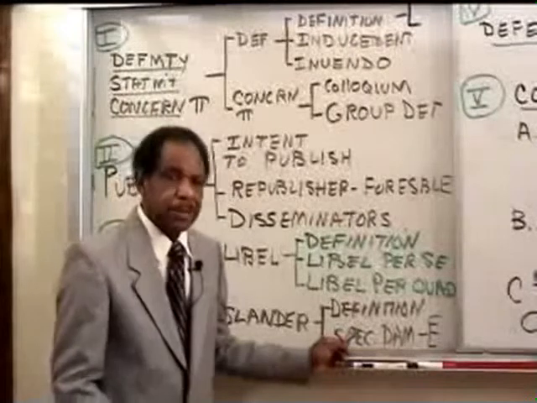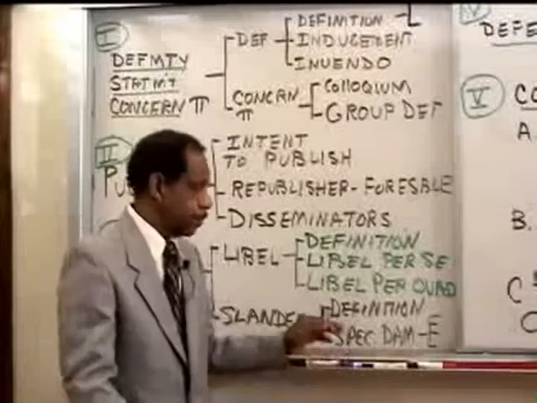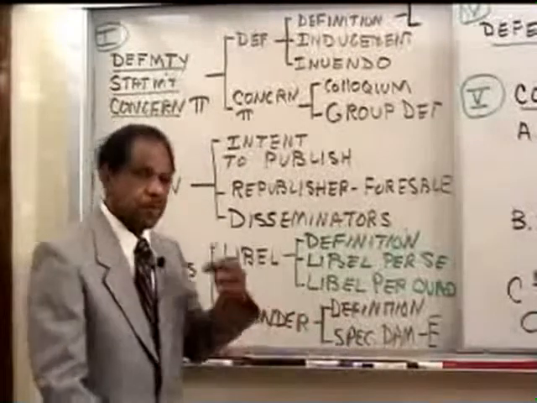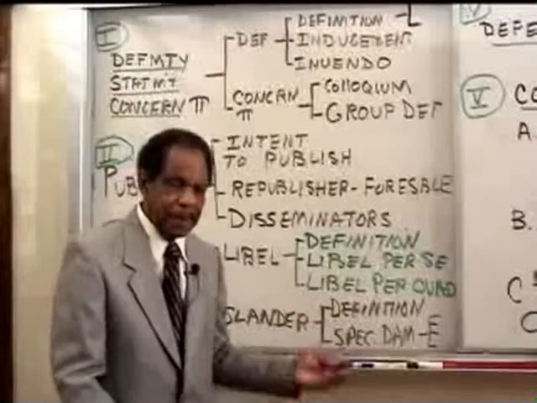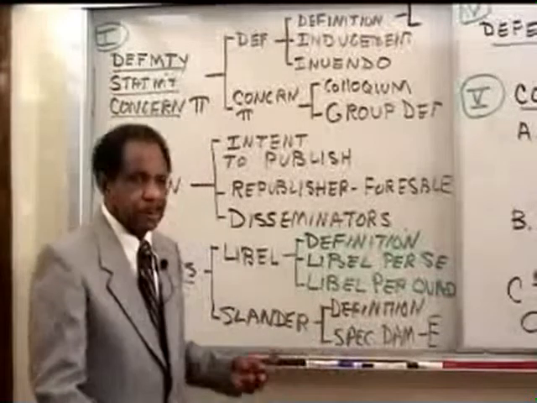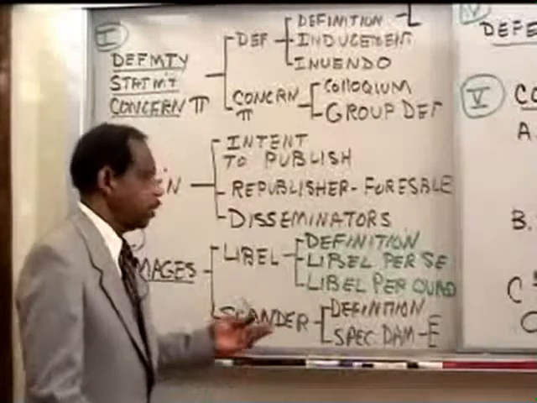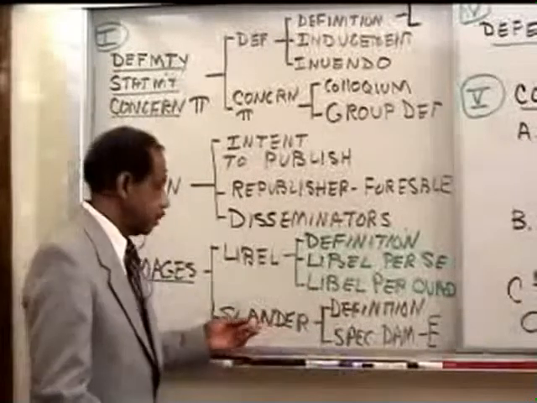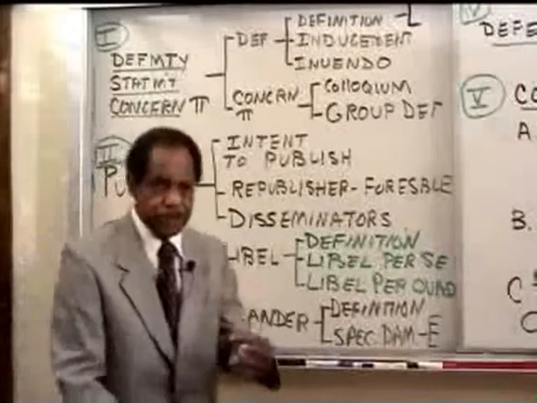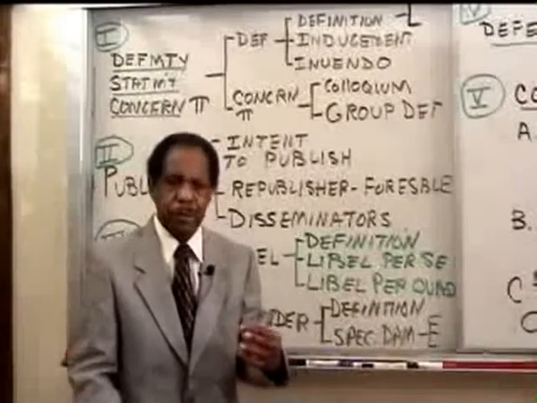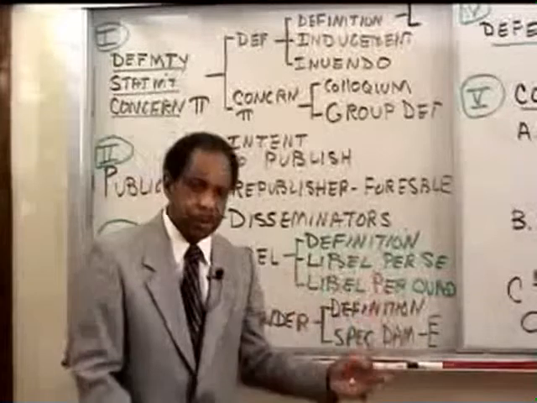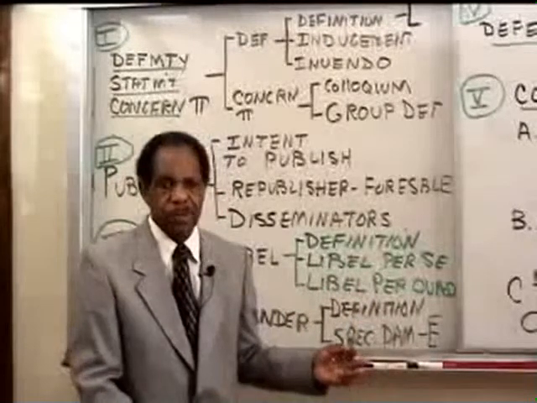So in the case of oral defamation, in the case of slander, you have to prove money loss or property loss, pecuniary loss, money or something that's the equivalent of money. So you have to prove pecuniary loss in the case of slander, and then if you can prove the pecuniary loss, now you can also recover for your loss of reputation.